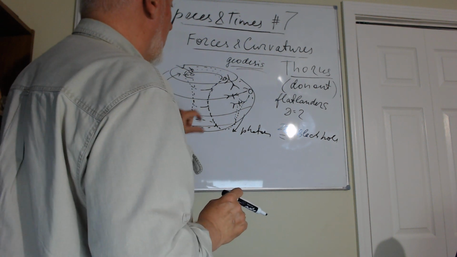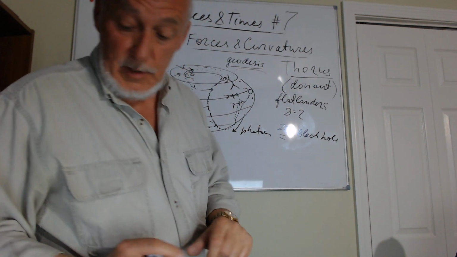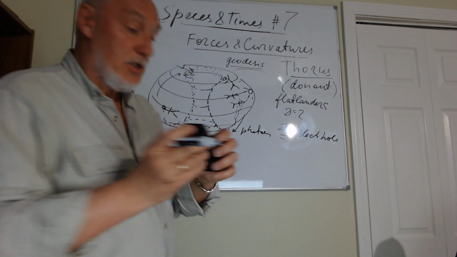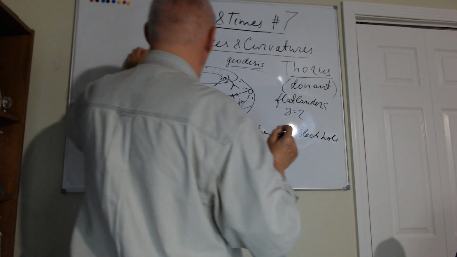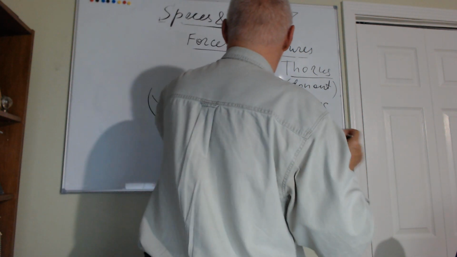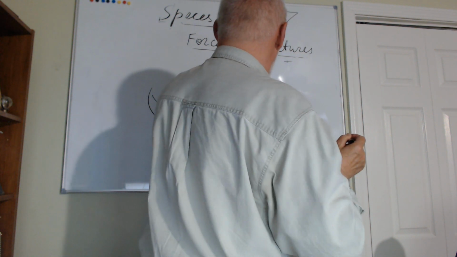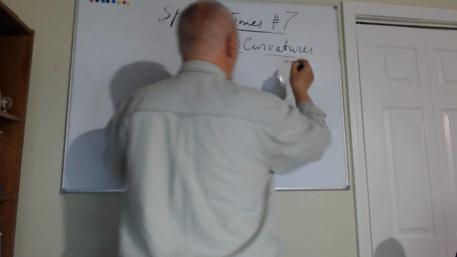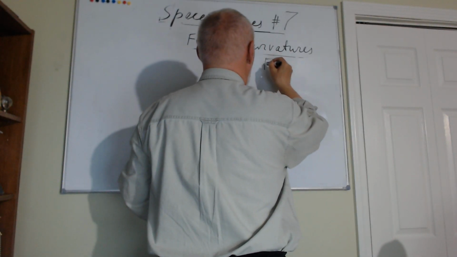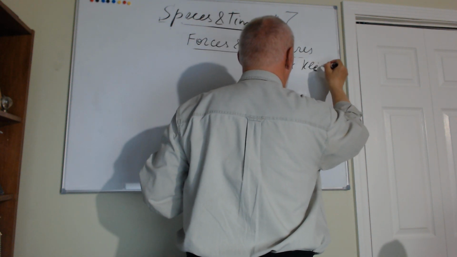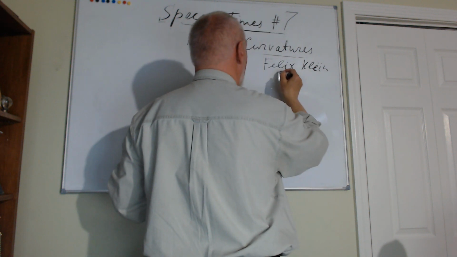Just a little more about it. There's another interesting picture. We will not talk about this too much, but it is called the Klein bottle. There's a guy, Felix Klein, and here's his bottle.